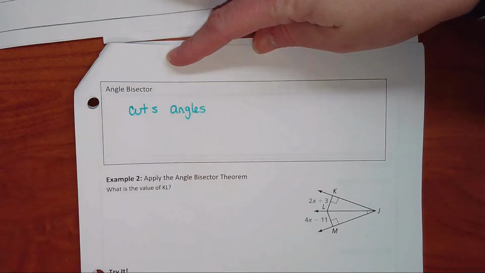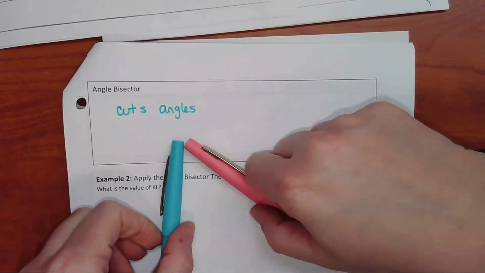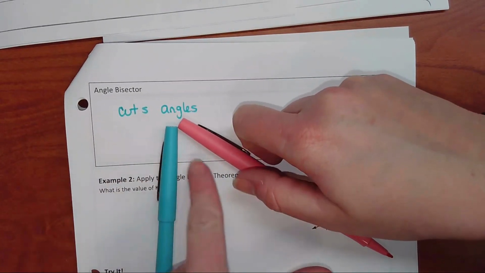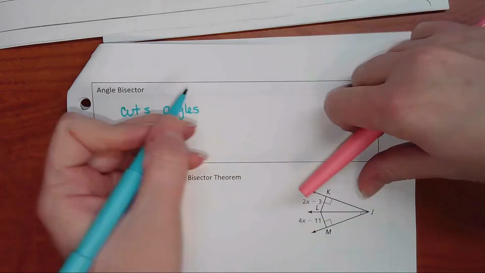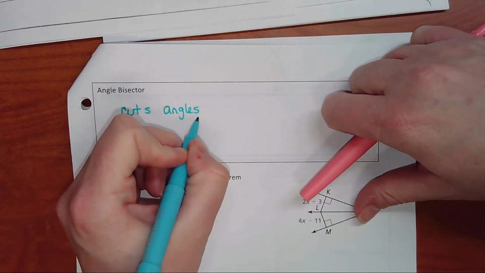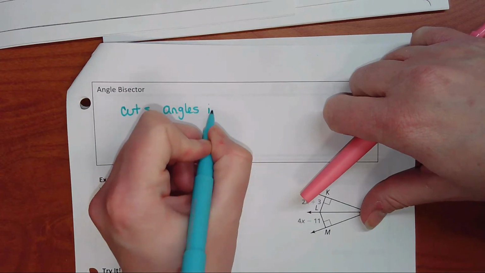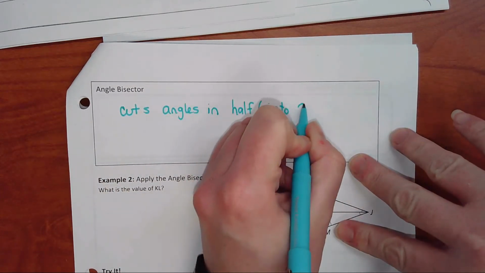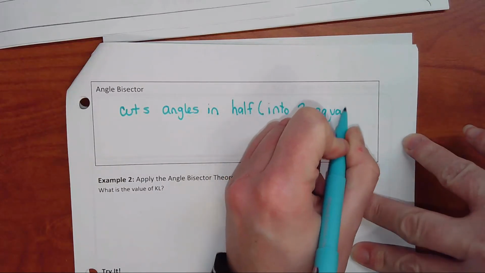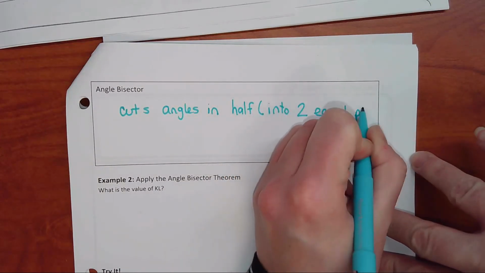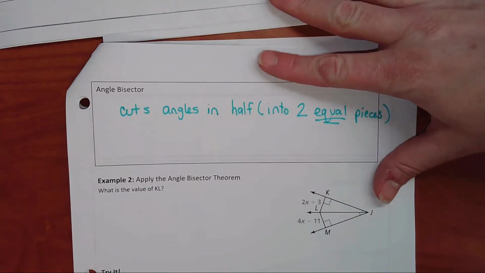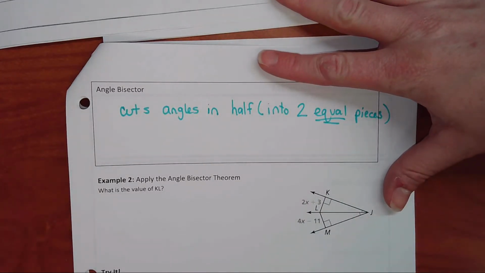So that's where those corners, where those two pens come together, it's going to cut this angle in half. So basically into 2 equal pieces, which is all you're going to be doing today pretty much, equal pieces. It also creates the congruent triangles again.